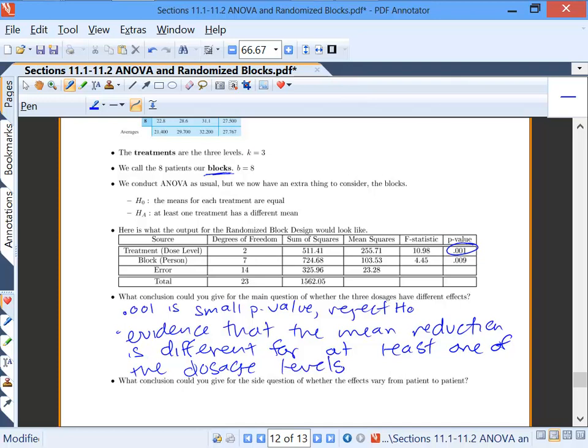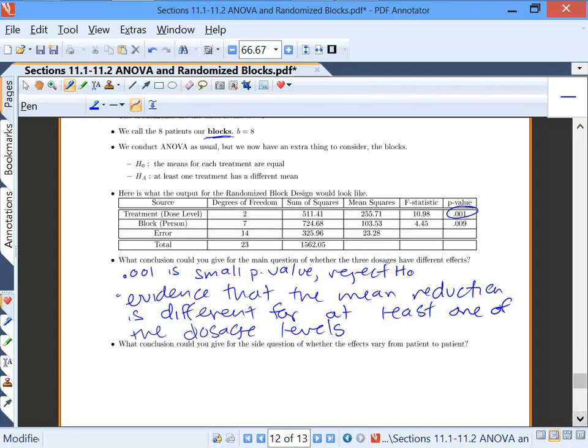Notice that question wasn't any harder to answer even though we threw in the extra complication of the blocks. It's built in, so it automatically controls for the difference from patient to patient, and you don't have to worry about that anymore. As far as interpreting it on the exam, it's not any harder than plain ANOVA.